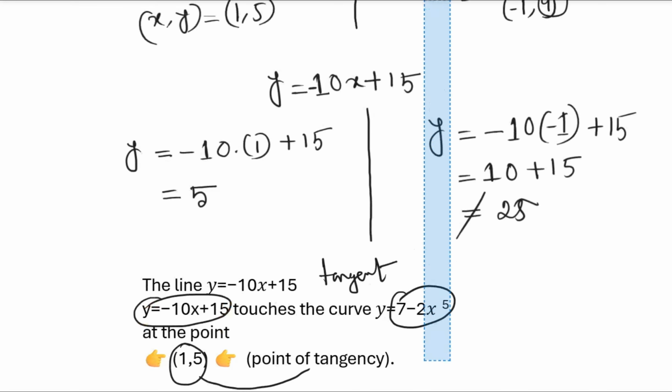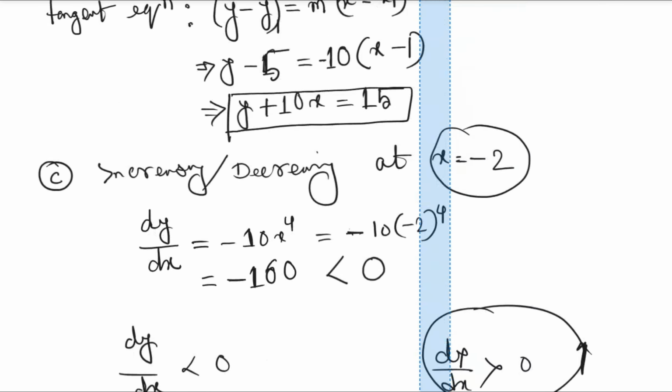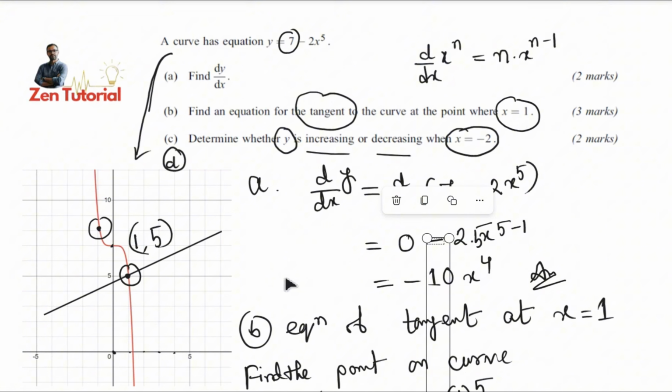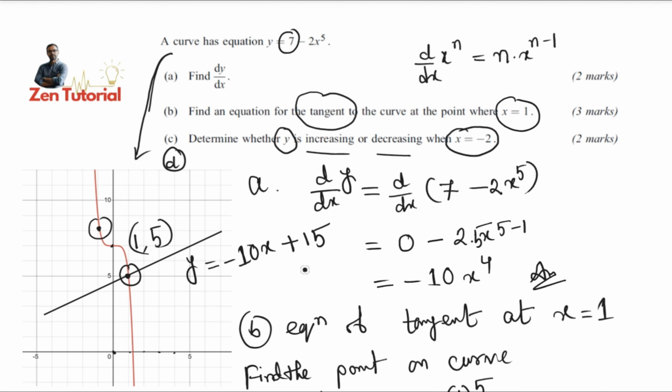So let me just cross check here. At the point (1, 5), the tangency, and this line is the tangent line. So the tangent line y is equal to minus 10x plus 15, right? So this is a straight line equation for the tangent line. Thank you.